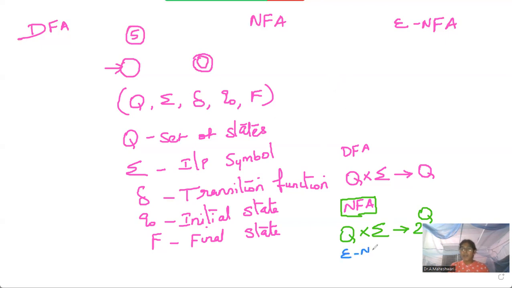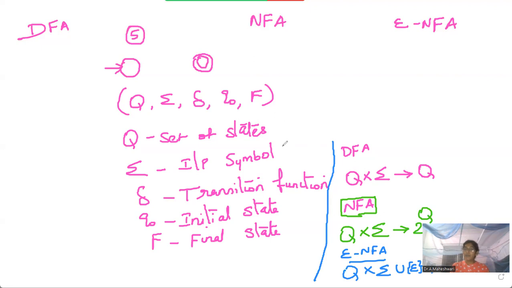How can I represent it? It is multiple moves only: state and input symbol, but the input symbol itself can be an empty string also. The output is the same, multiple moves. That's it. This is the only difference among the three automata: DFA, NFA, and Epsilon NFA.